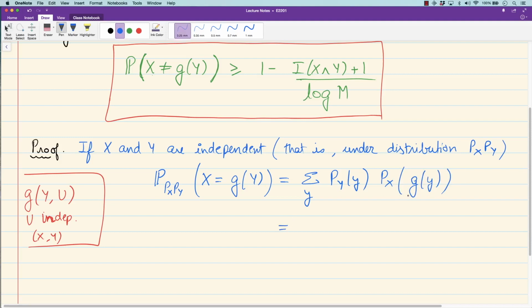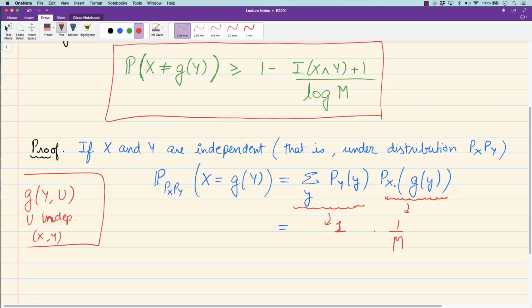But since X is uniform, what's the value of this term for any g(y)? This term here is just 1 by n. And therefore this particular sum just becomes 1.